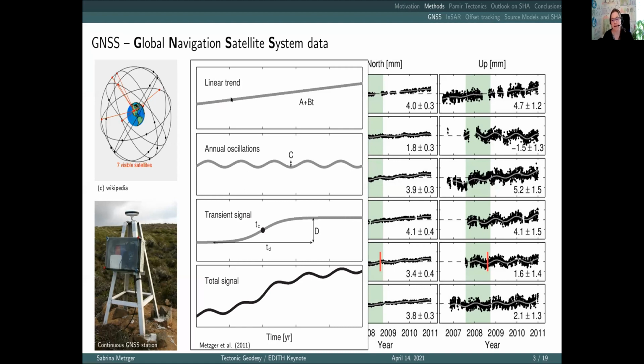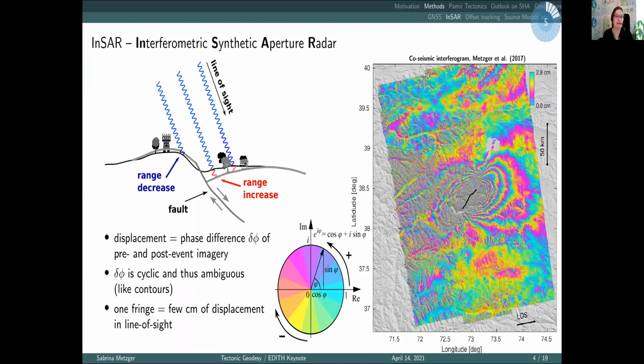Then we can complement the GNSS data using InSAR data, which is an abbreviation for interferometric synthetic aperture radar data. Here the basic concept is that we acquire radar imagery of our Earth surface before and after a certain event. And if this event changed the shape of our surface, we can measure that by looking at the phase difference between these 2 radar images.